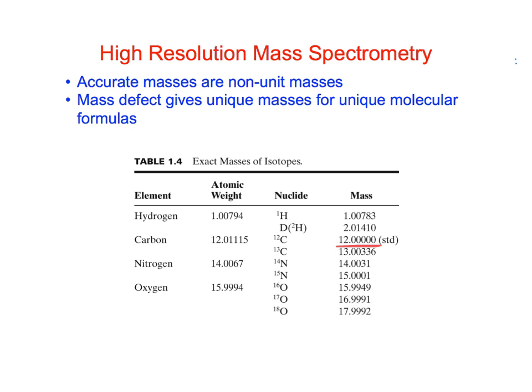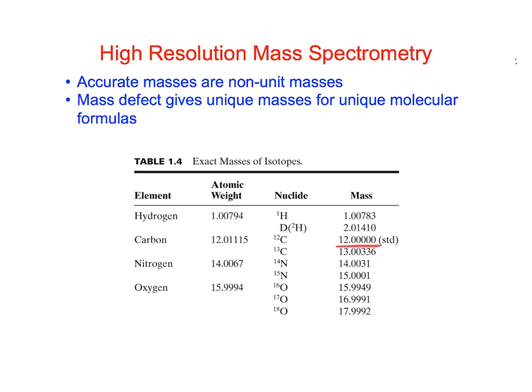Maybe. I know, they could have just picked a unit number at the bottom and moved up from there. But the bottom line here is, notice that it's only carbon that comes out exact. So if we can measure a mass beyond just an integer value, out a number of decimal places, then we can start to tell molecular formula from the actual mass measurement.